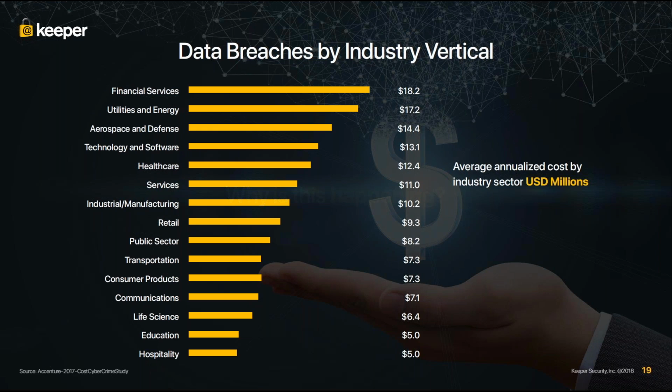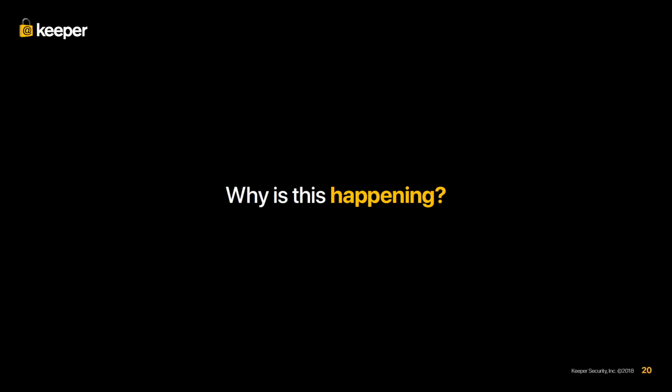It's averaging almost $400,000 now to recover from a data breach, and that includes everything from a lot of litigation and remediation work and notifications and time and everything else. So it's quite arduous.